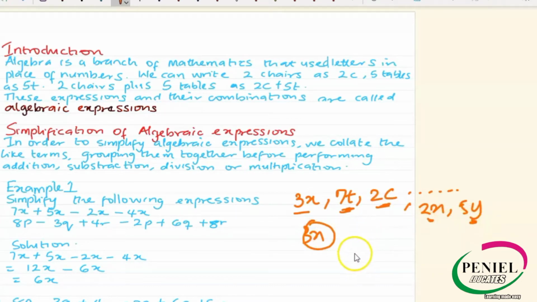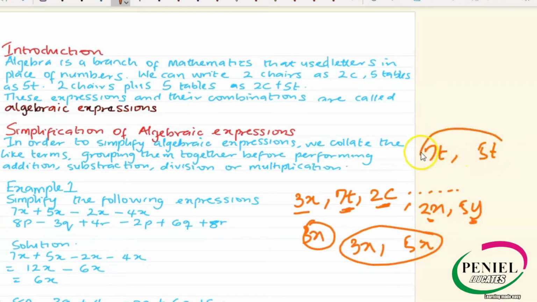So what do we do when we have 3x? 3x and 5x, they are like terms. If you have 7t, maybe another 5t, they are also like terms. We have 2c, then we have 8c. Because this is a c term and this is a c term, they are like terms.